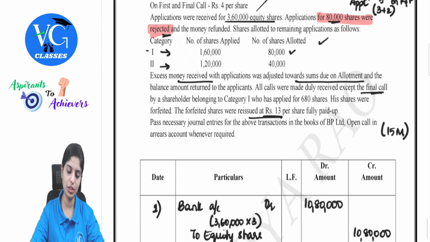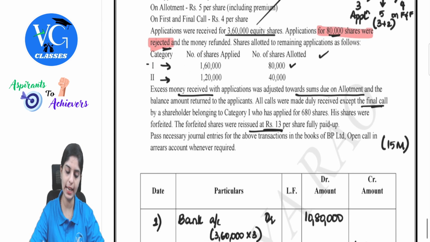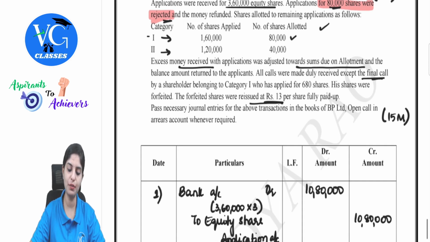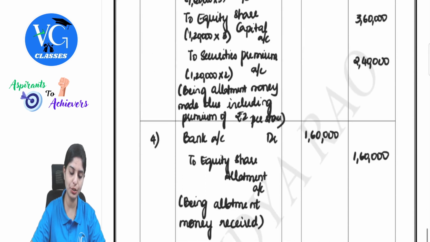Next. All calls, we will just read one point with respect to call. Excess money received with application was adjusted towards allotment and the balance is returned to applicant. We have treated that. All calls were made duly received except the final call by a shareholder belonging to category 1 who has applied for 680 shares. His shares were forfeited. The forfeited were reissued and it was fully paid. So this was next category. First, we will make the final call money due.